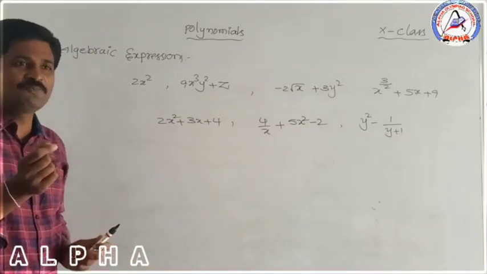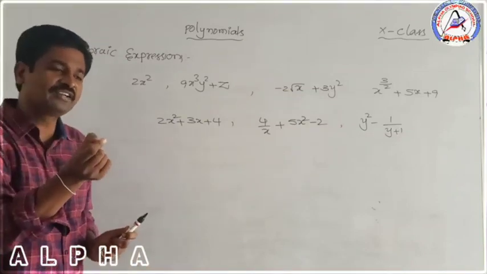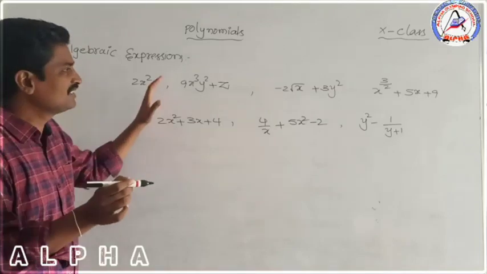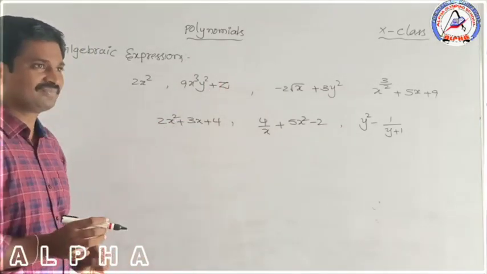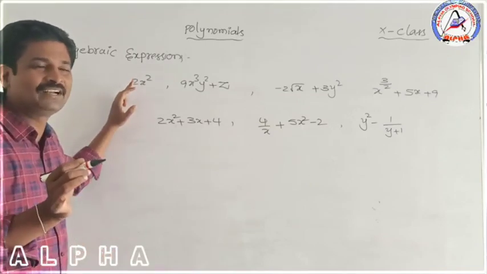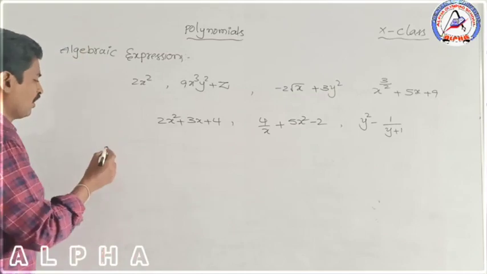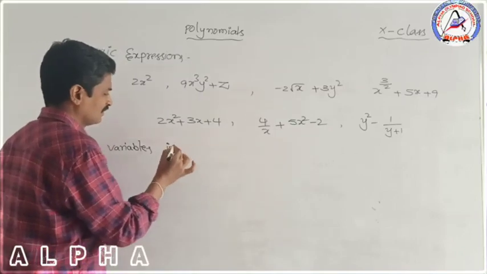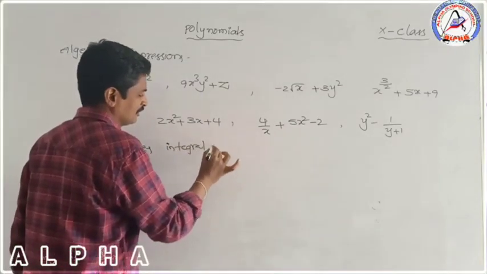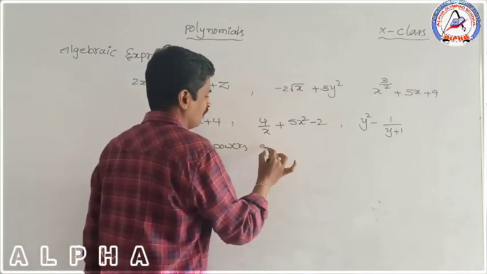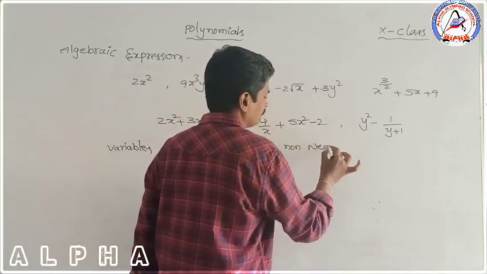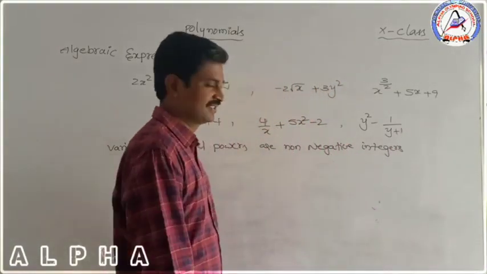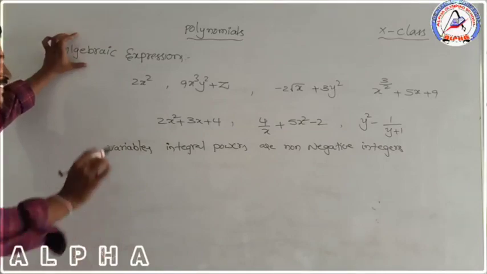If an algebraic expression, the variables involved in this algebraic expression have integral powers that are non-negative integers, then it is said to be a polynomial.